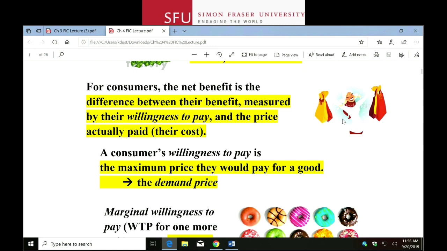Okay, but again, it's not usually the price that you do pay. Usually, the price that you actually pay will be less than that, and then you'll get some surplus.